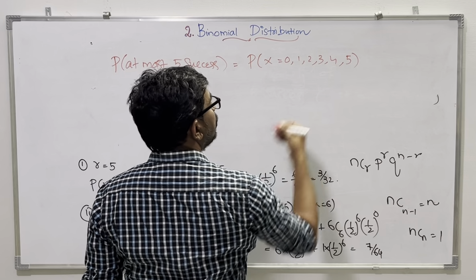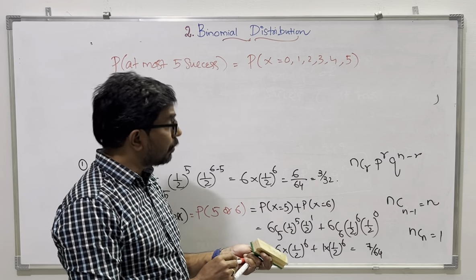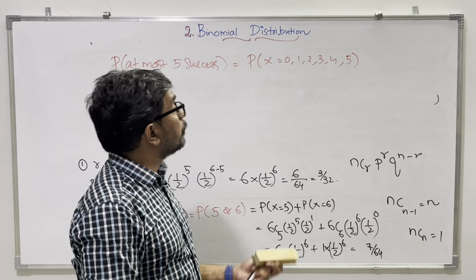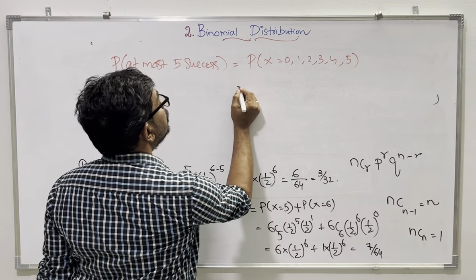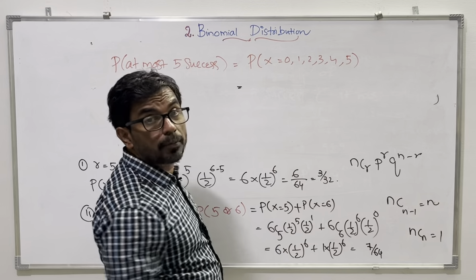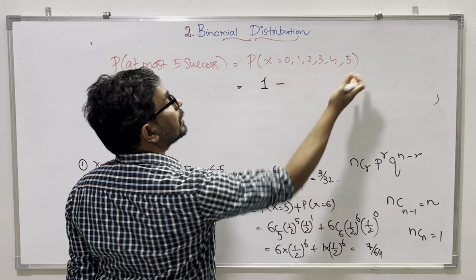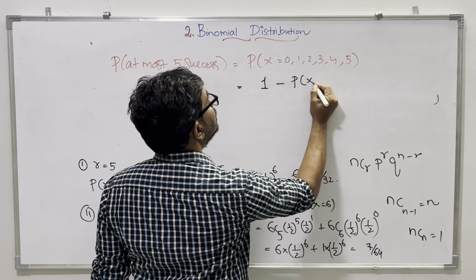But this is lengthy work. You have to do probability of X equal to 0 plus probability of X equal to 1 plus probability of X equal to 2, like this, fully. So what we do is, we know total probability is 1. From 1 you subtract the opposite of it. The opposite of this is probability of X equal to 6.